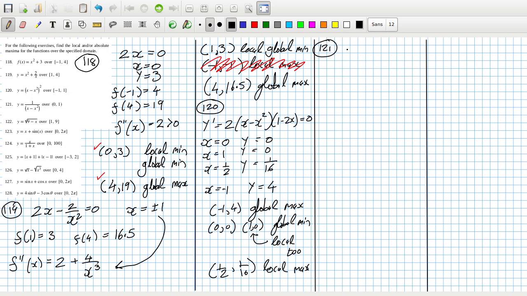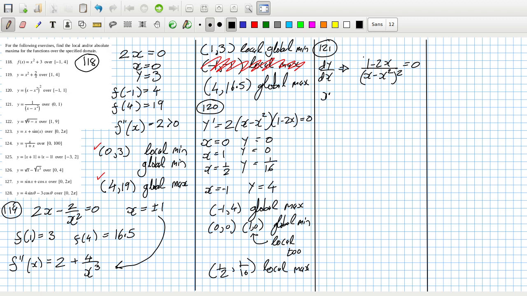Okay. 121. Let's just calculate the ends first. Actually, I'll just calculate the derivative first. Okay, dy dx. So we'll bring down the power, reduce the power by 1, then multiply by the inside derivative, and that's equal to 0.